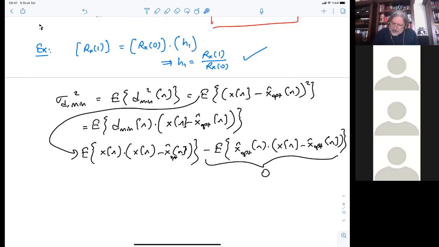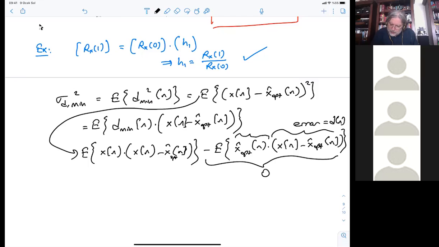Why is that? This is the error. And we know that error values, d of n, are orthogonal to x of n minus i, like x of n minus 1. It is orthogonal to x of n minus 1. It's also orthogonal to x of n minus 2, x of n minus 3. All the past samples are orthogonal to the error. You remember that? How about this one, x hat optimum? It is a linear combination of those past samples.